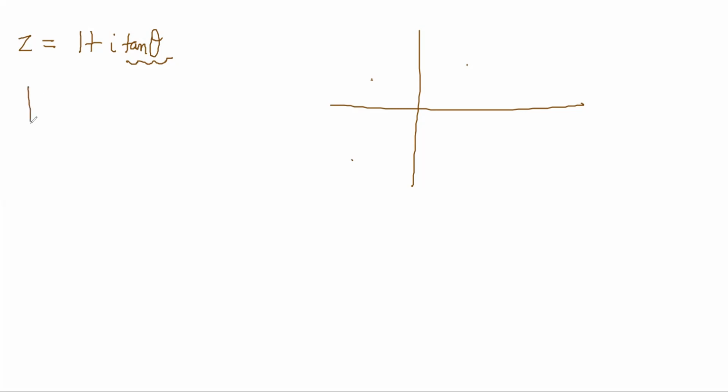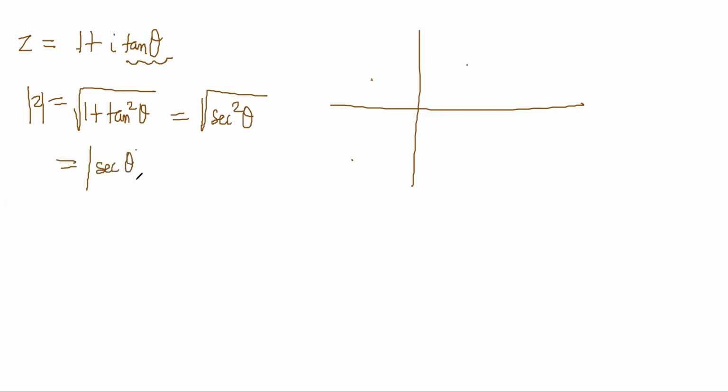Mod of z will be simply root over 1 plus tan square theta. So that is root over sec square theta, and root over x square is always written as mod x.